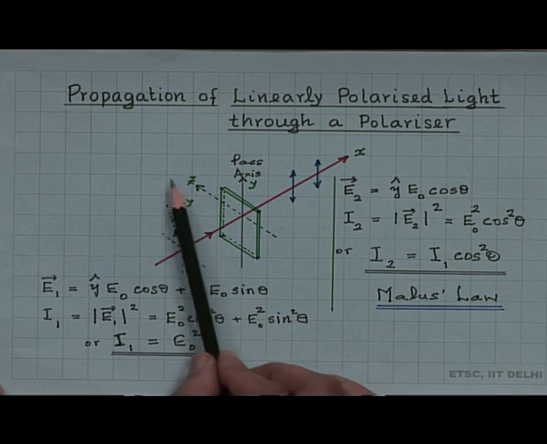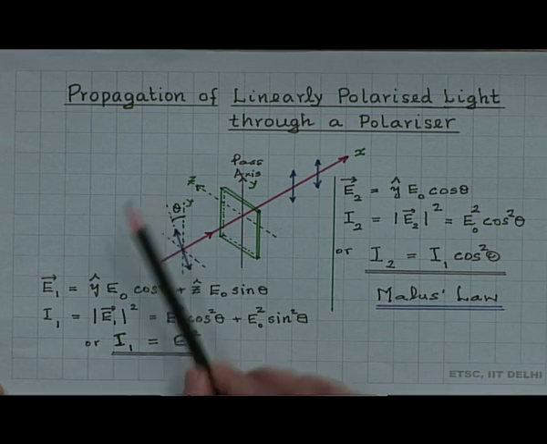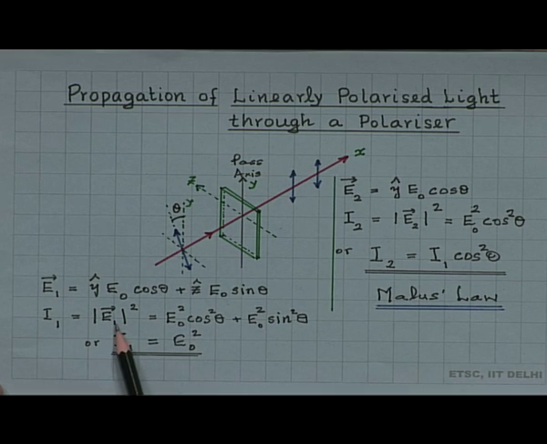What about the original intensity? The input intensity I 1 is mod of E 1 square. E 1 is the electric field here, which gives E 0 square cos square theta plus E 0 square sin square theta, which is simply I 1 equal to E 0 square.